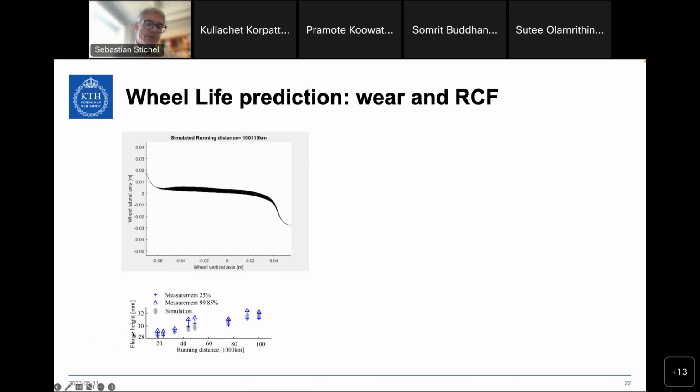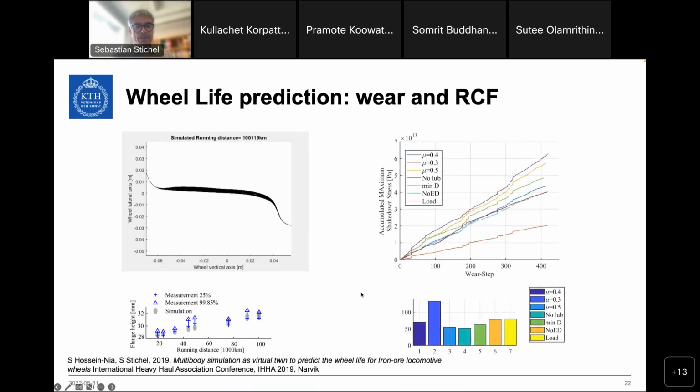For example, you can see the development of the flange height as function of running distance, and our simulations coincided very well with these field observations. And then finally, like for the rail damage, even here you can study a lot of influences.